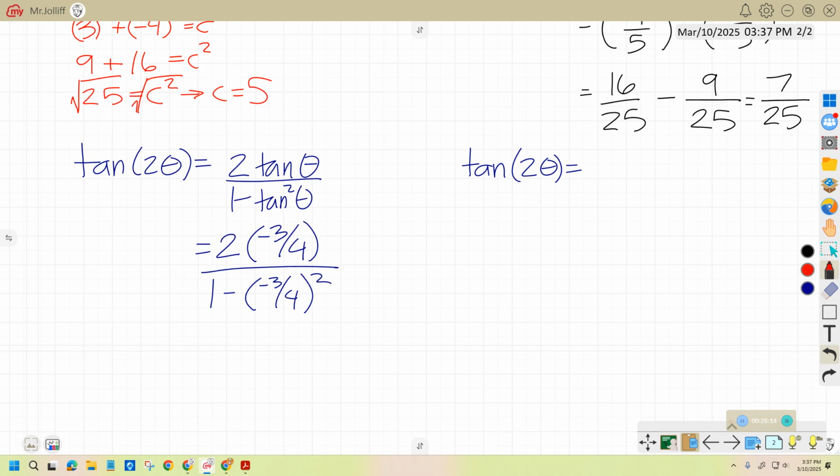So looking at the numerator, 2 goes into 4. That's going to leave me with a 1 and a 2. When I square this guy, 3 squared is 9. 4 squared is 16. So that's going to give me -3/2, 1 minus 9/16.